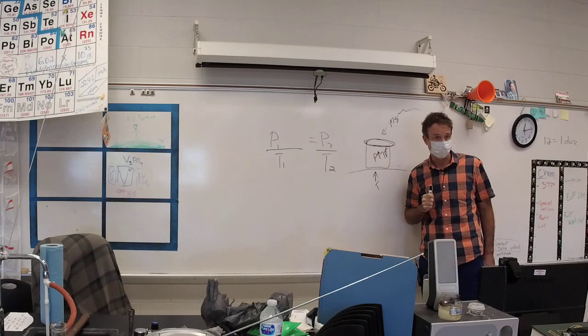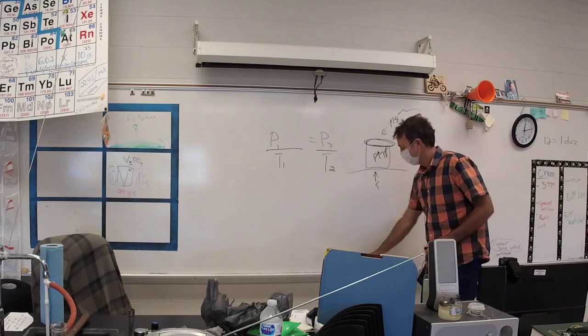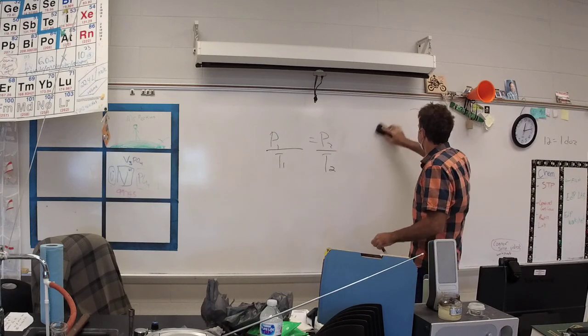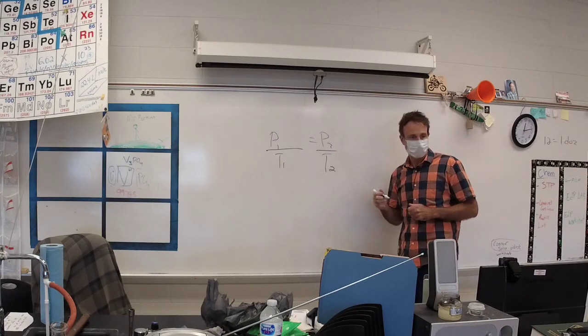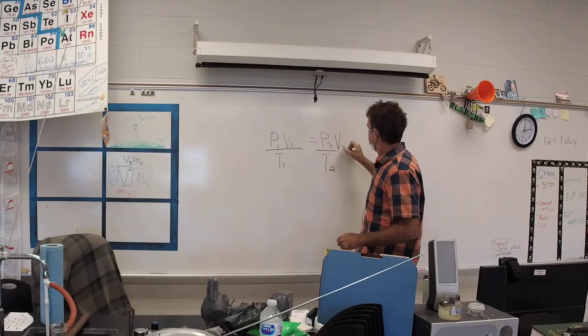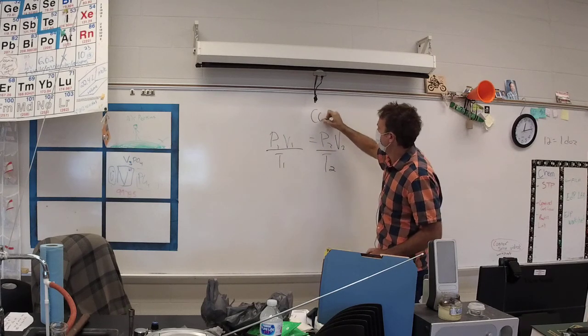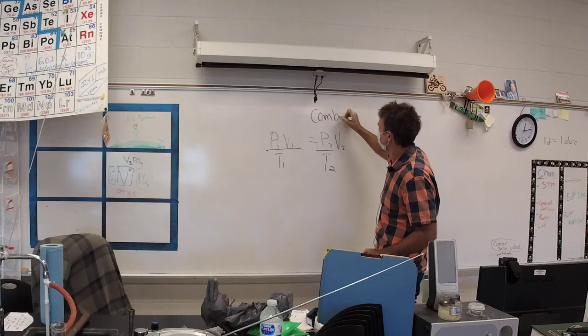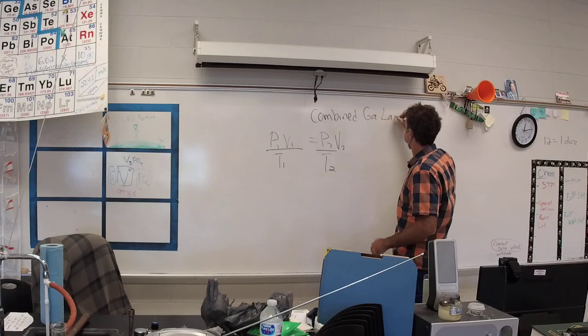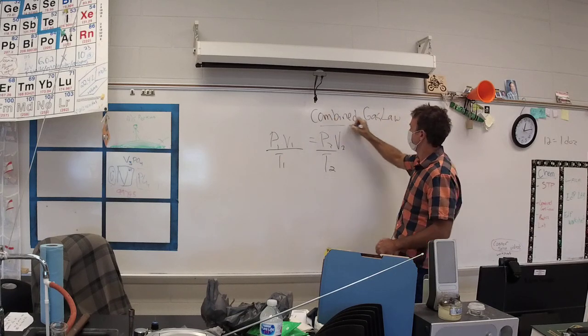Does that make sense? So if we take all three of those laws together, then we have this very simple Algebra 1 formula. And this is called the combined gas law. Combined gas law.